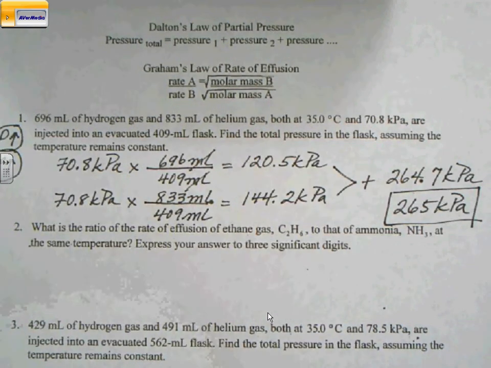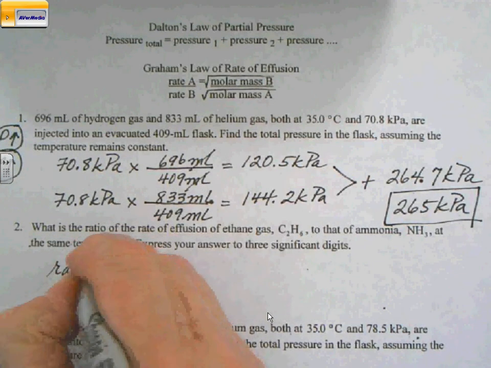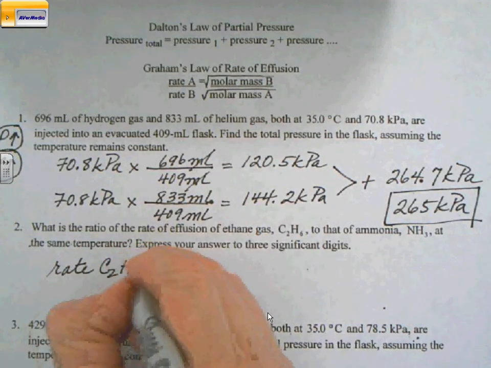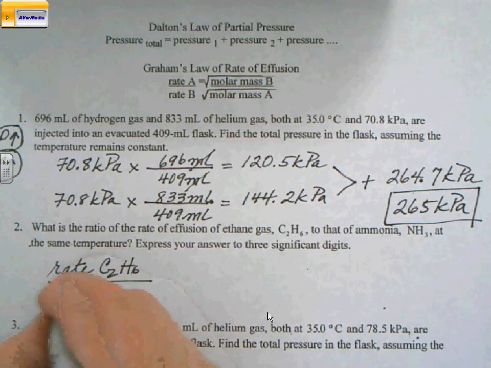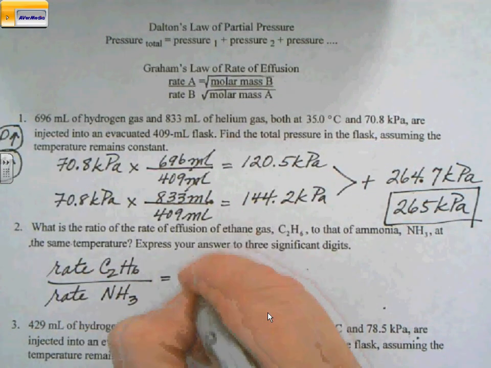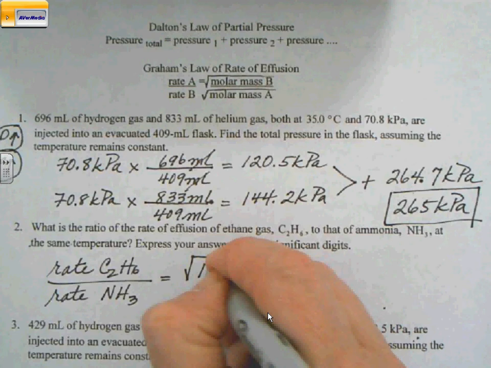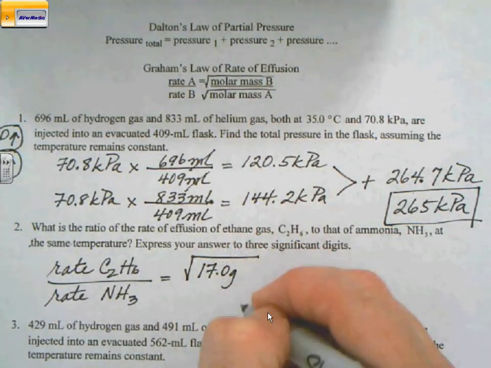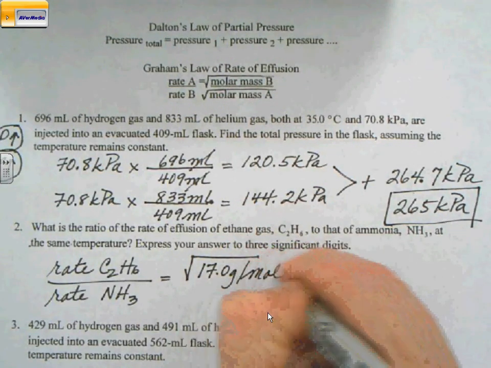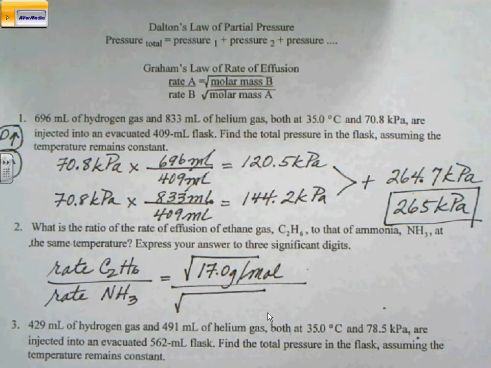So we would say that the rate of C2H6 over the rate of ammonia is equal to the square root of the molar mass of ammonia, which is 17.0 grams per mole, divided by the square root of the ethane, and that molar mass is 30 grams.